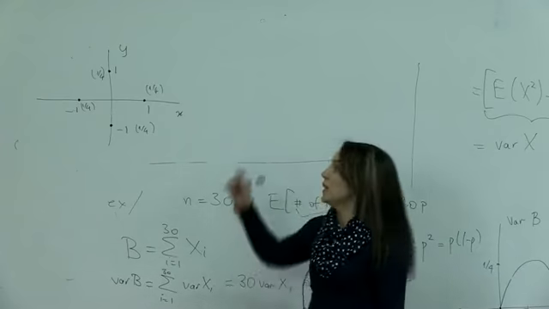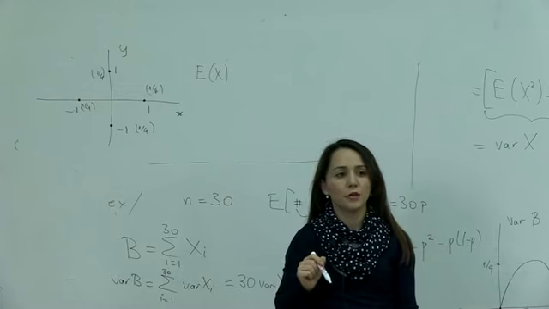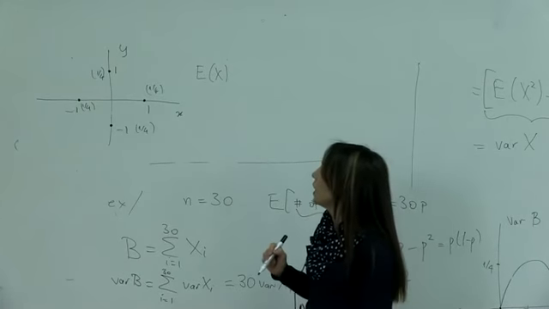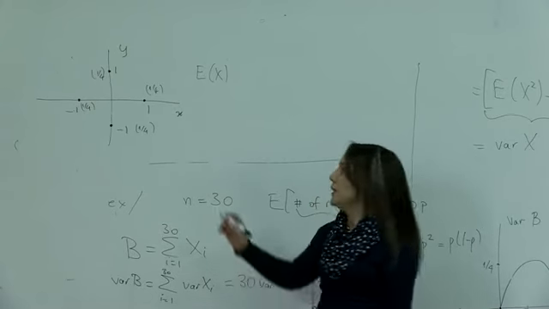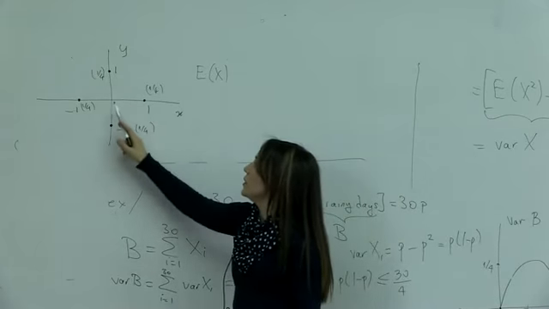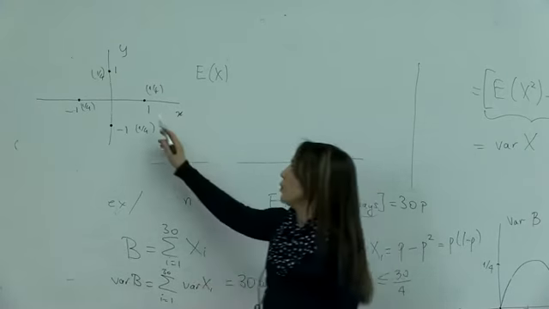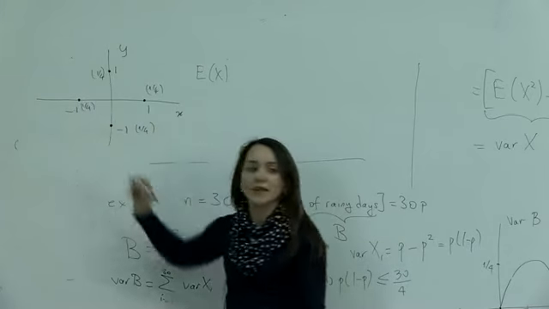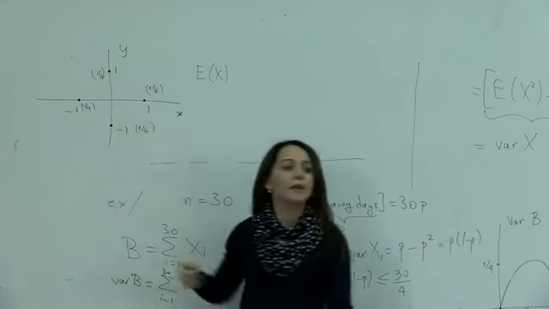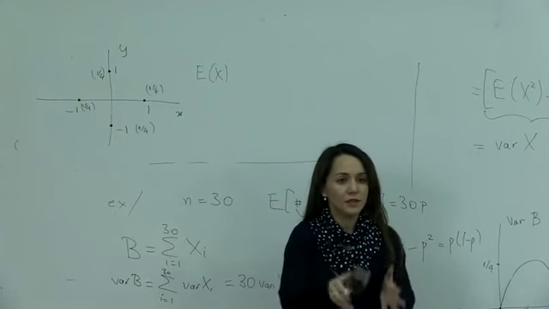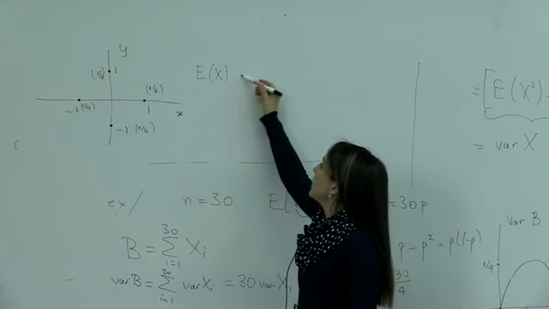Now let's compute the expected value of X. What is the expected value of X? 0. It's quite obvious, right? For these points, X itself is 0. For this point, X is 1. For this point, X is negative 1. But the probabilities of these points are equal. So clearly, the center of gravity with respect to X is at 0. Expected value of X is 0.